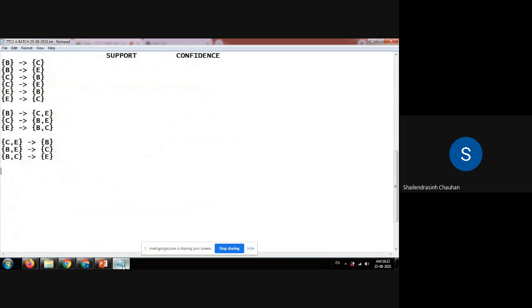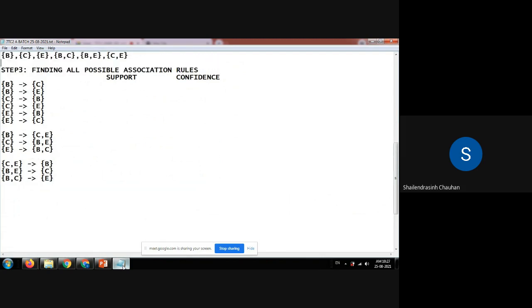And so now next, step number 4, finding strong association rules, that is, rules meeting minimum support and minimum confidence.